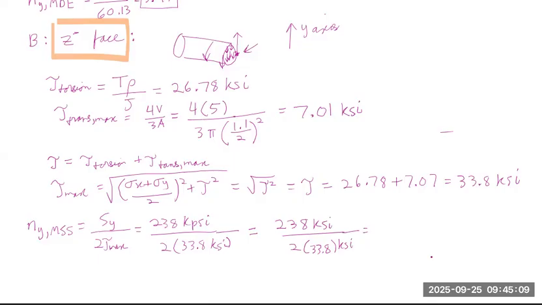This is equal to 238 divided by 33.8, divided by 2. So it's equal to 3.52.